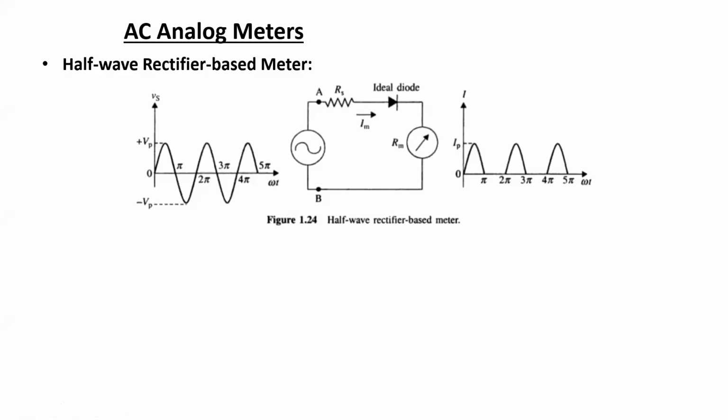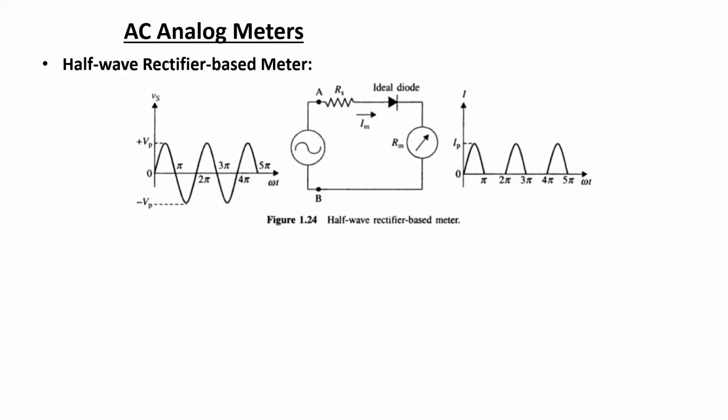So far we have been discussing how the PMMC meter movement mechanism can be used to implement DC ammeters or voltmeters. Now let us discuss how the same PMMC meter movement mechanism can be used to measure AC quantities, and in this case we are going to consider a half-wave rectifier based voltmeter first.